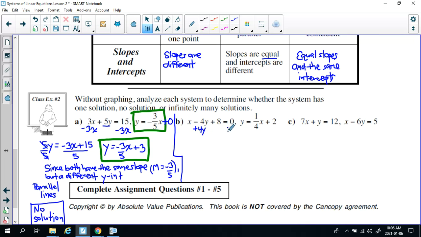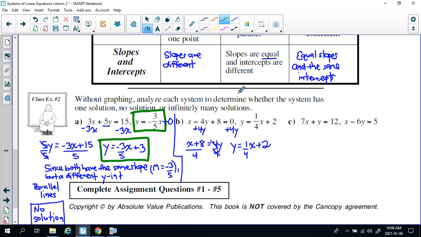We'll add 4y, and then I would have x plus 8 is equal to 4y. Let's get the y by itself, so divide by 4. So y is equal to x divided by 4, which is 1/4 x, plus 8 divided by 4, which is 2.